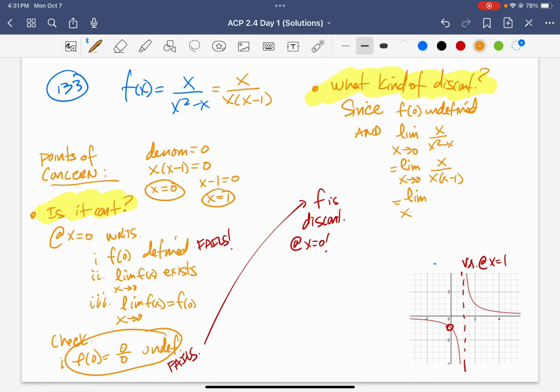But that is just this times 1 over x minus 1 is equal to, what do I get? 1 over x minus 1. When you plug in 0, you get -1.